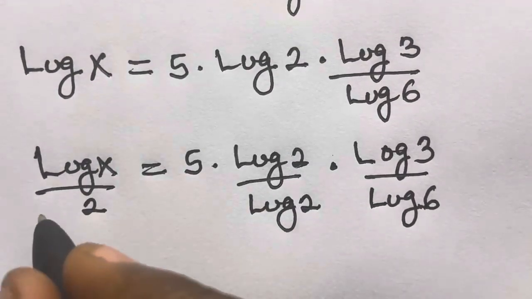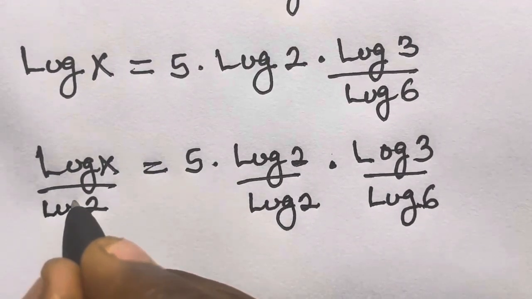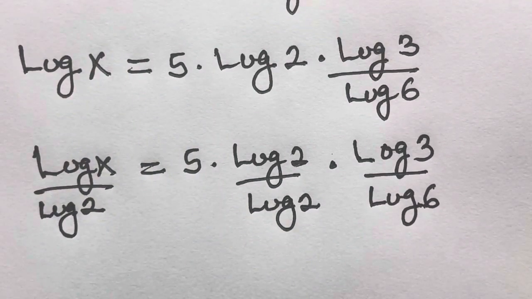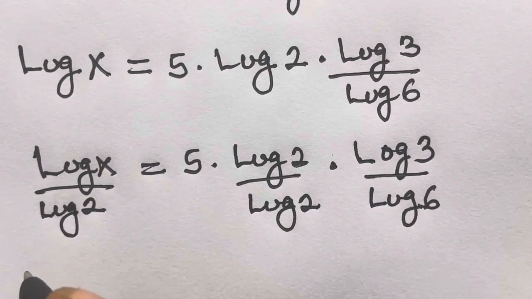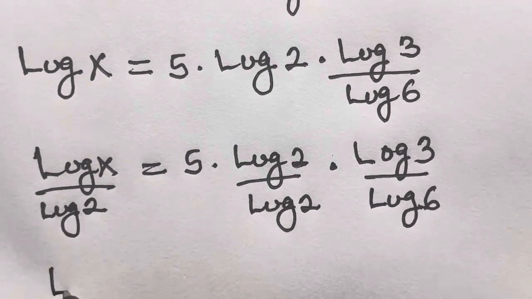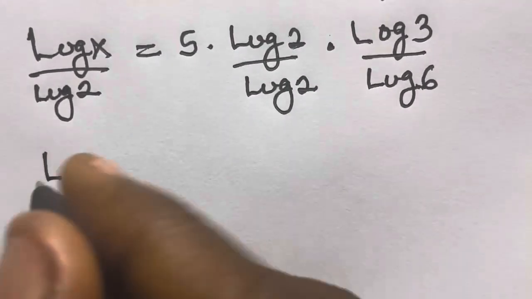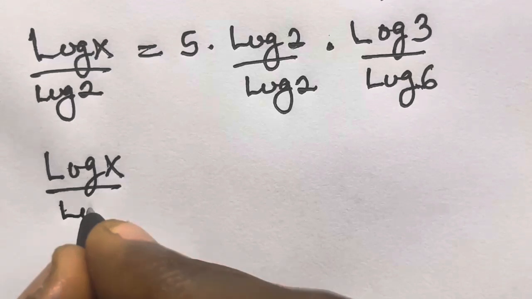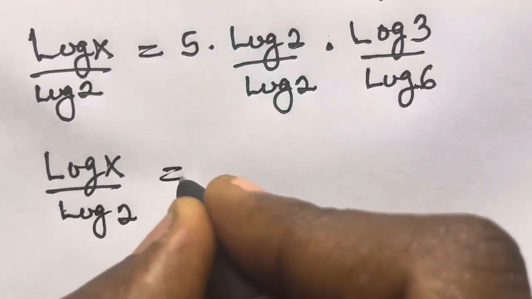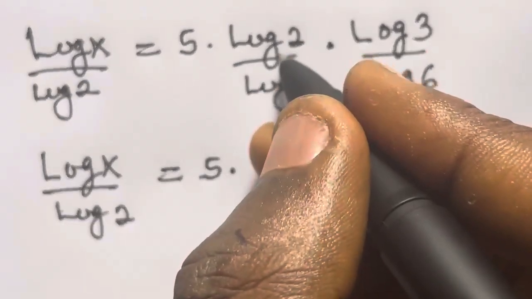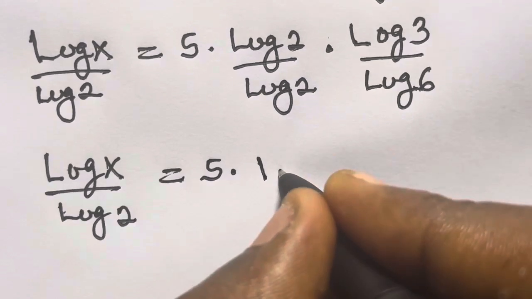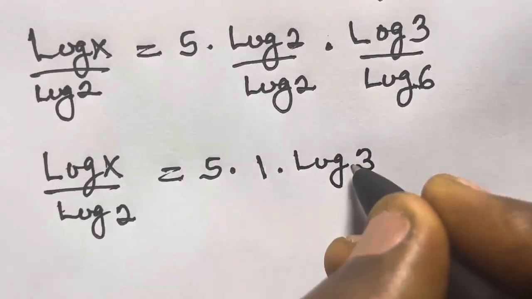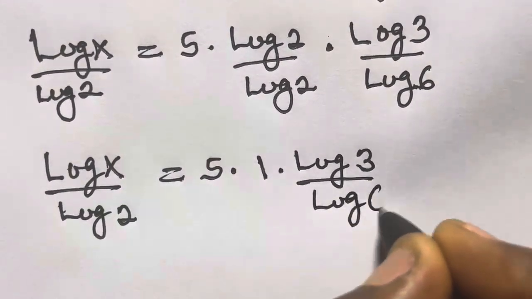So we have log 2 here. From here we will have log x divided by log 2, which is equal to 5 times 1 times log 3 divided by log 6.